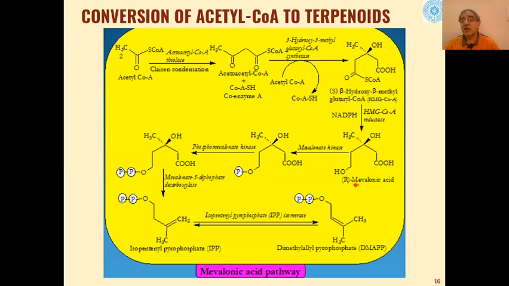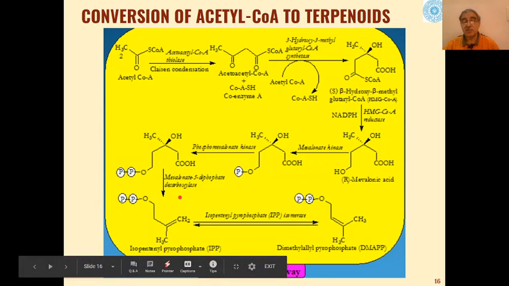And then this R mevalonic acid will act as a precursor for the synthesis of IPP, that is isopentyl pyrophosphate, from which all these terpenes will be synthesized.